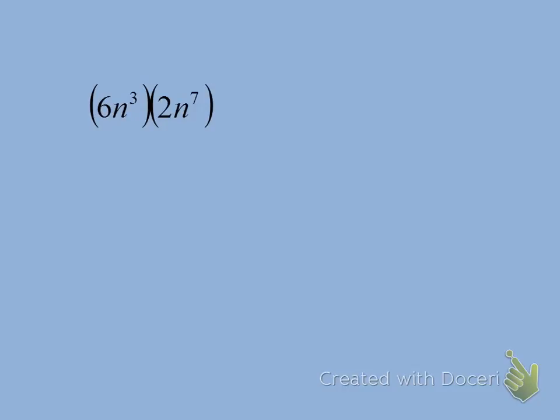Now, one of the hardest things about multiplying monomials, dividing monomials, anything to do with what we're going to start here in chapter 7, is having two sides of your brain. Side 1 is all these new fancy rules with your exponents and your bases, and when do I multiply, and when do I add, and when do I subtract.